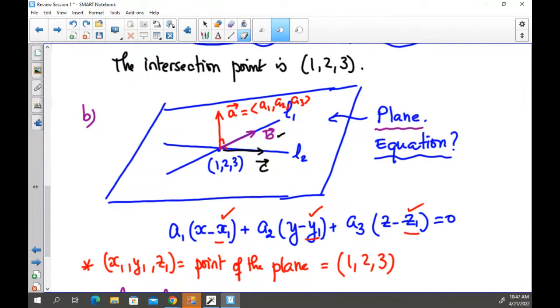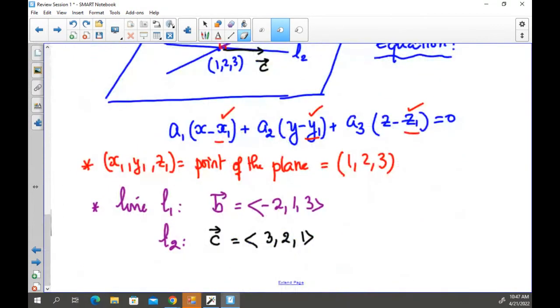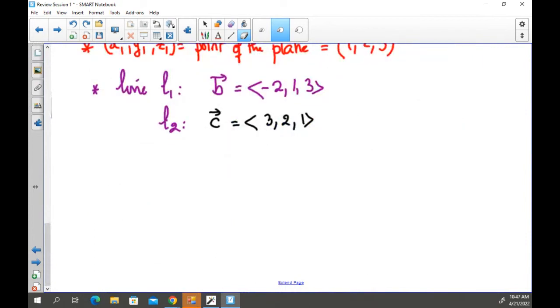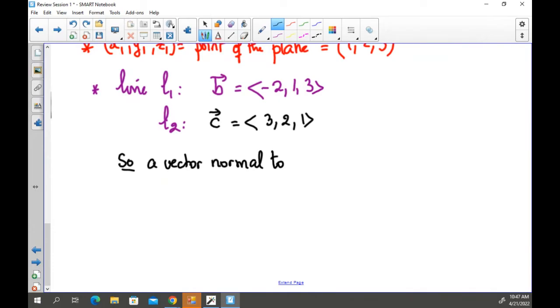So the vector A will just be the cross product of B and C. So a vector normal to the plane is the vector we called A, which will be the cross product of B and C, like that.